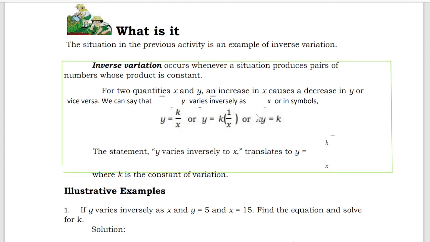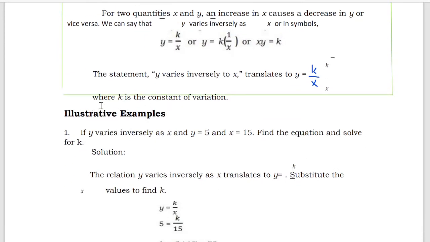So the statement y varies inversely as x can be translated to this, where k is the constant of variation.